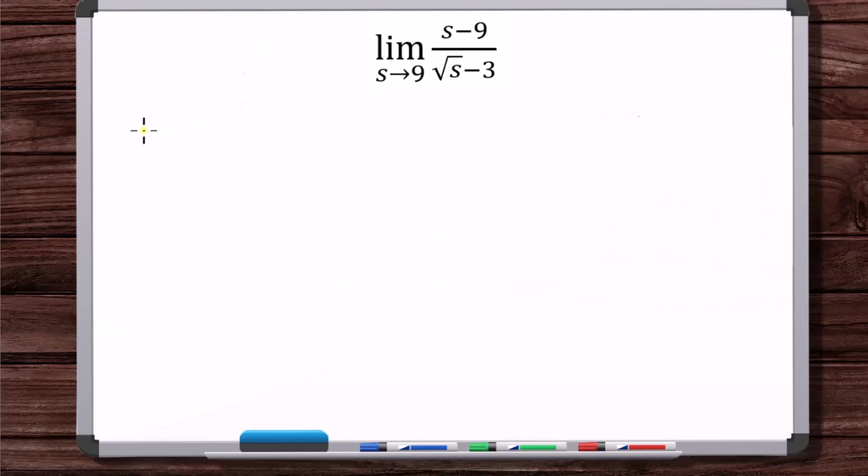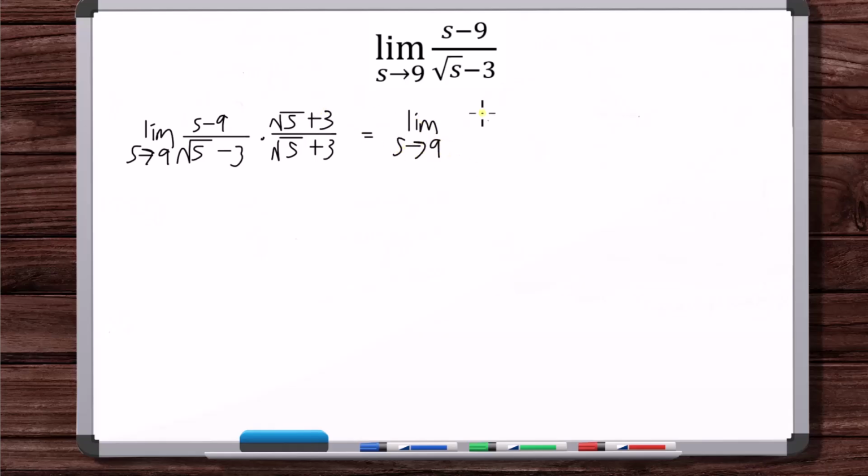Let's manipulate this expression to put it into a different form, and we're going to do that by multiplying by 1 in the form of the conjugate of the denominator. So we've got, let's see, so in the numerator, multiplying these two terms, and then in the denominator you've got s minus 9.